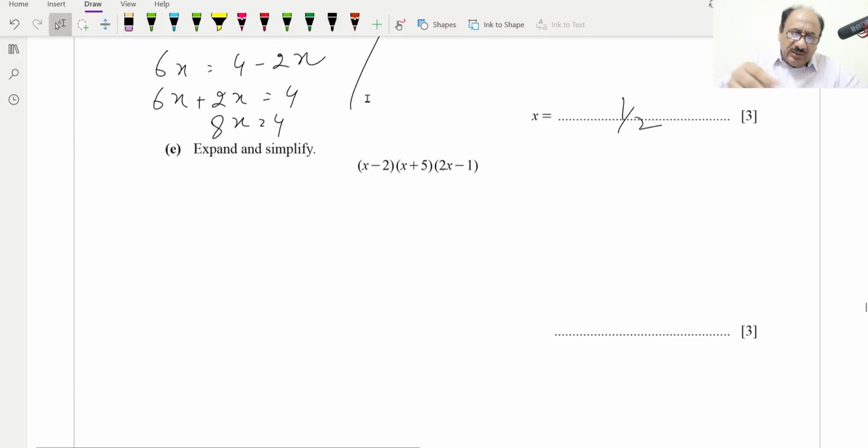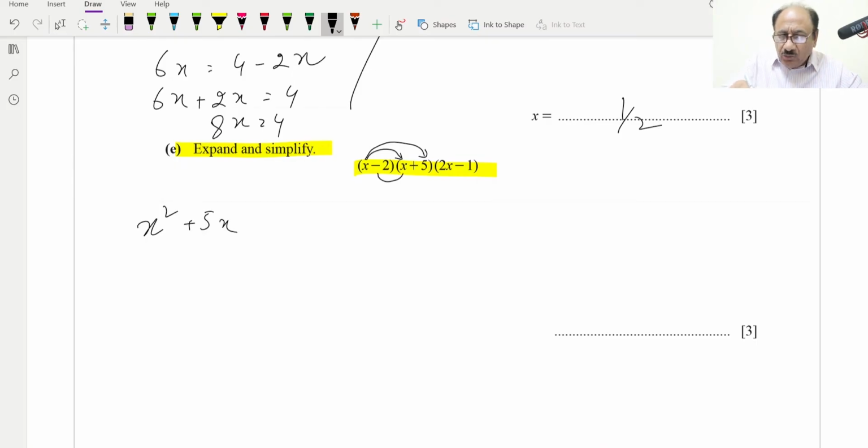Now expand and simplify this expression. So what we can do, we can multiply. First we will multiply x with x, so it will be x squared. Then x with 5, so plus 5x.